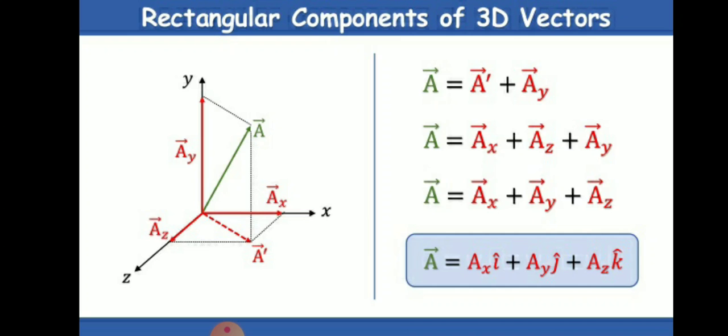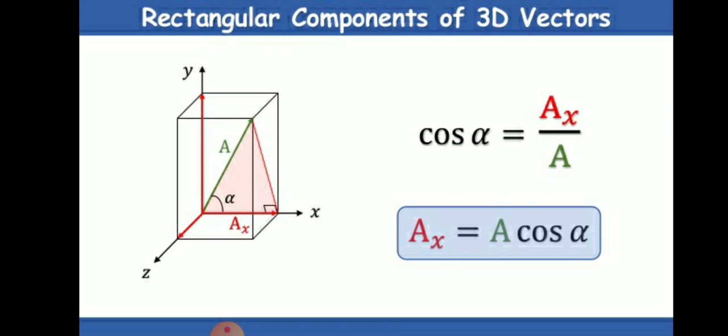Here Ax is called x component of vector A, Ay is called y component of vector A, and Az is called z component of vector A.